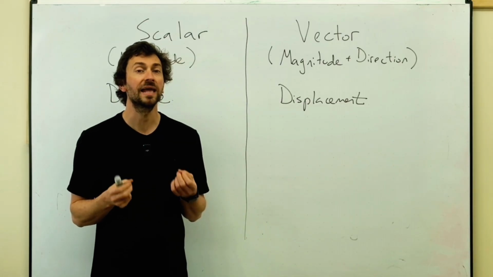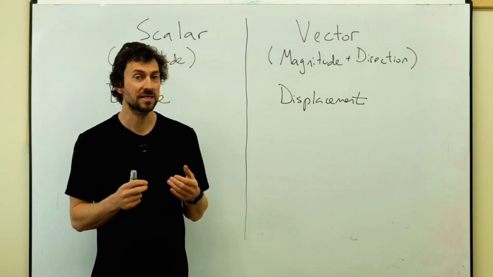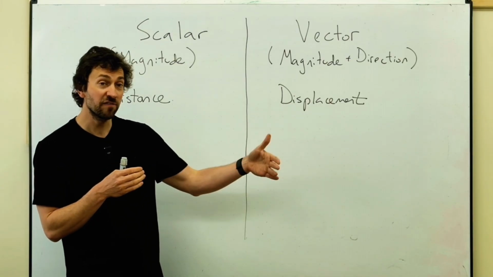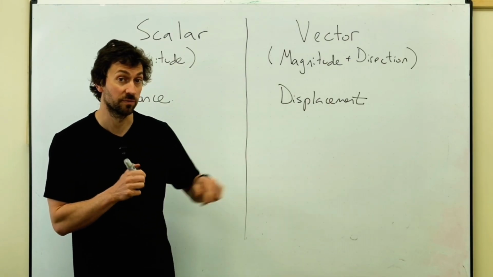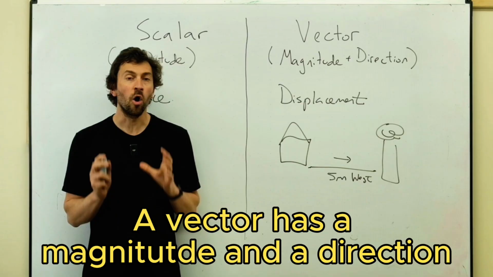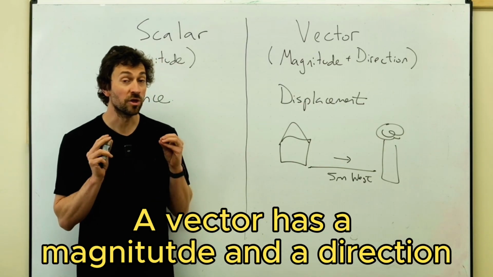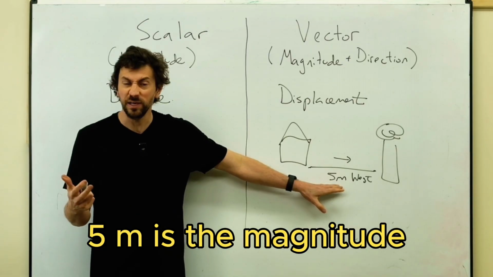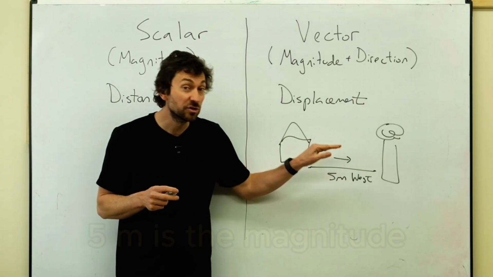So in my wobbly house example, I might say the displacement between the house and the tree is 5 meters in the west direction. So I always, with a proper vector, have the magnitude, 5 meters, that's how big it is, and a direction.